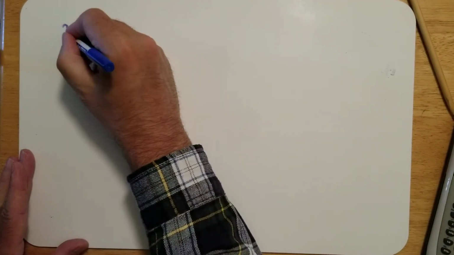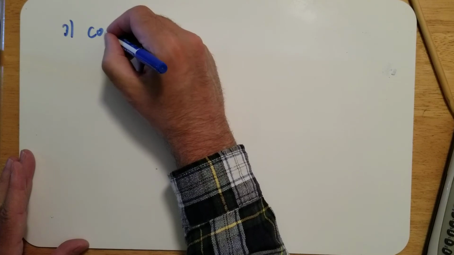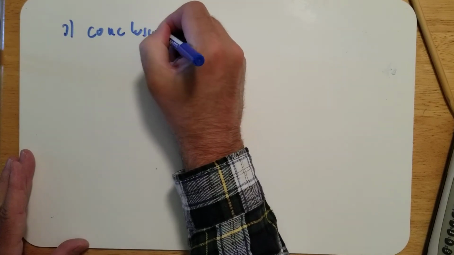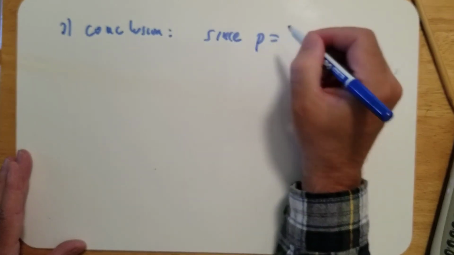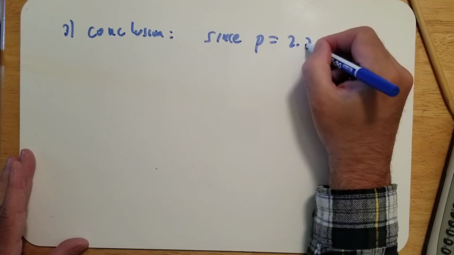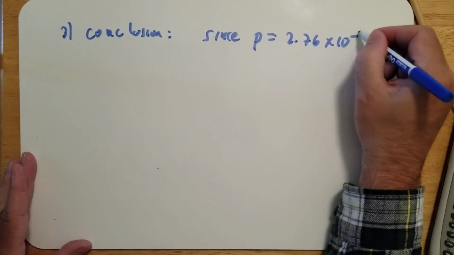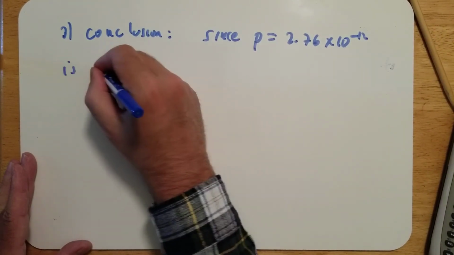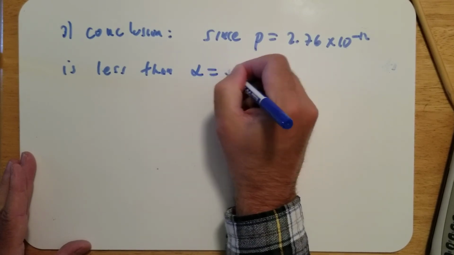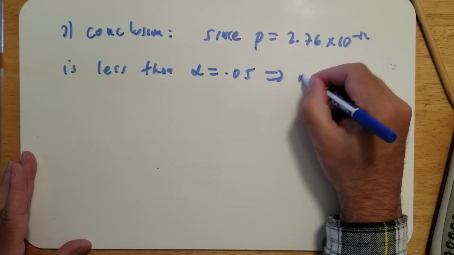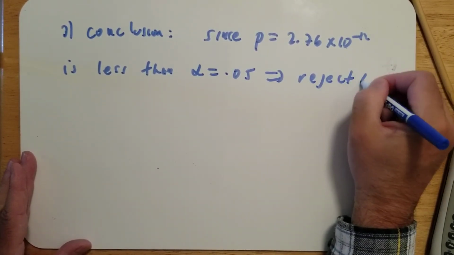So step 3, the conclusion. Since p, that very tiny number, 2.76 times 10 to the minus 12, is less than alpha, that means we reject H null.